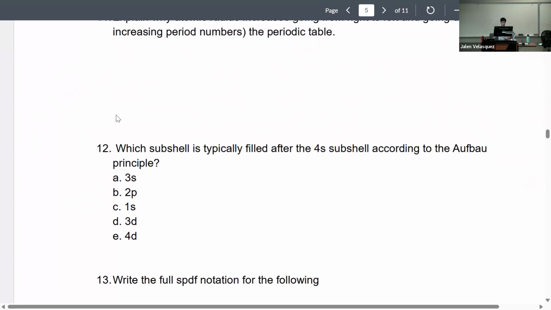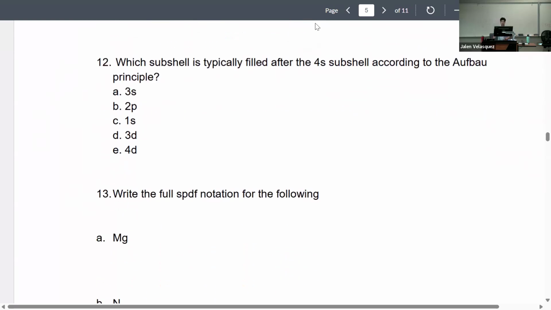All right, number 12, which subshell is typically filled after the 4s subshell according to the Aufbau principle? What do we think? Good, it's going to be D, 3D. That's because, remember the Aufbau principle? This means you're going from lower energy to higher energy. And remember the trick that I taught you guys, if you write out a configuration, well, let me write it and then explain.